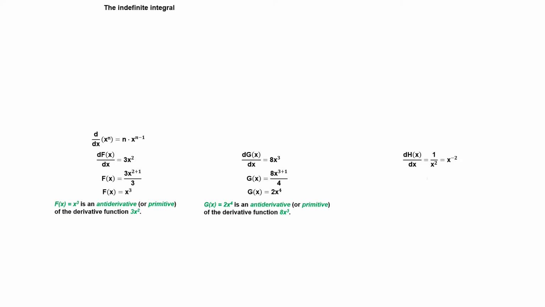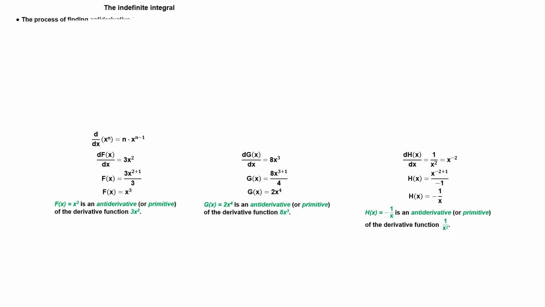Increase the power by 1, then divide by the new power and simplify. In short, the minus 2 becomes a minus 1, then divide by minus 1. A function h of x whose derivative is 1 divided by x squared is called an antiderivative or primitive of the derivative function 1 divided by x squared.